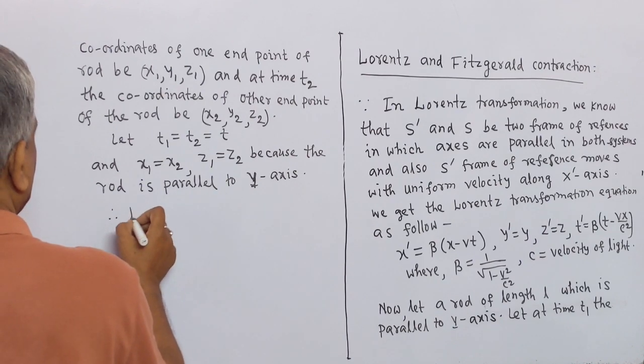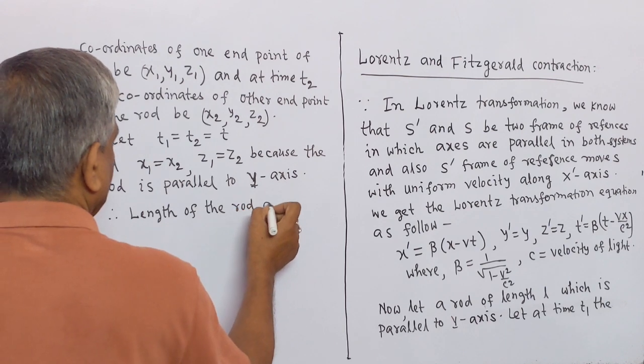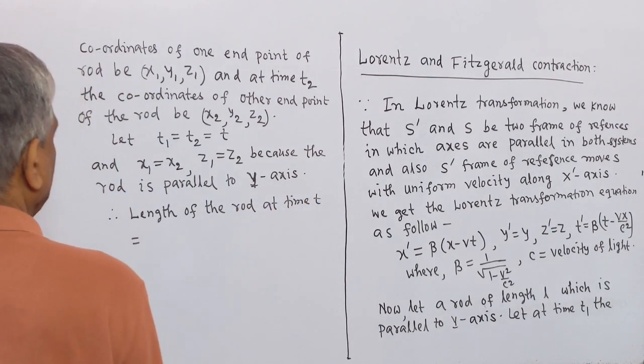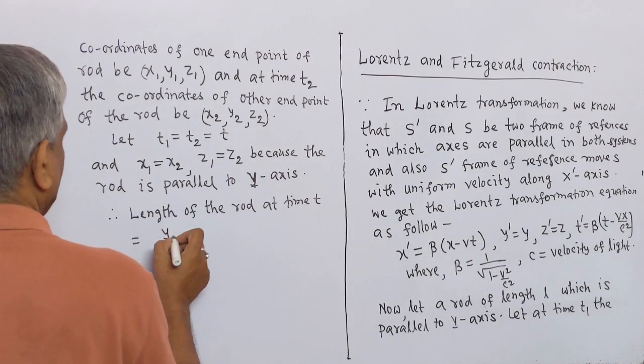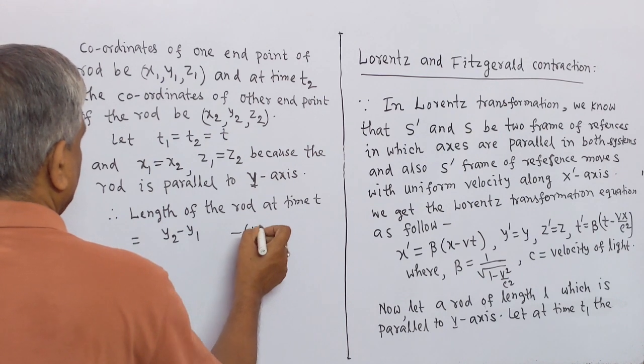Therefore, length of the rod at time t equal to y2 minus y1. This is number 1.